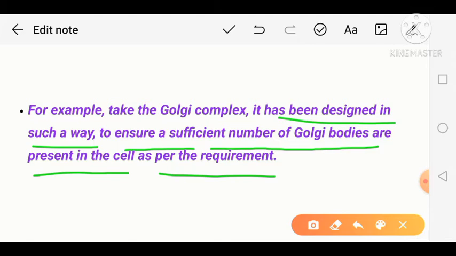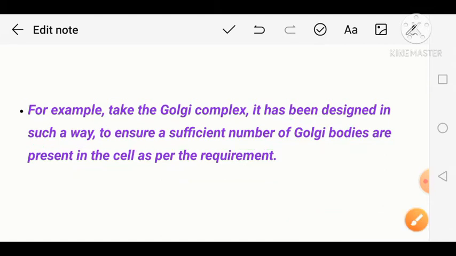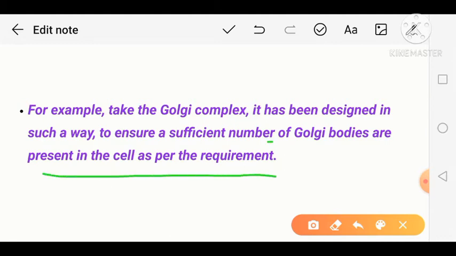Some cells require more protein, so the number of Golgi complexes is greater in that cell. So the Golgi complex is present in the cell as per the cell's requirement. This is an important point about the Golgi complex.